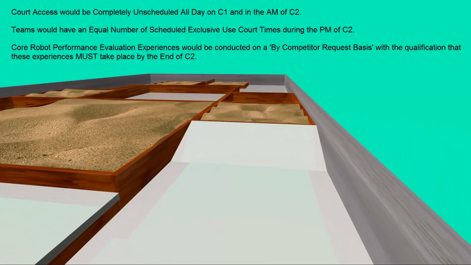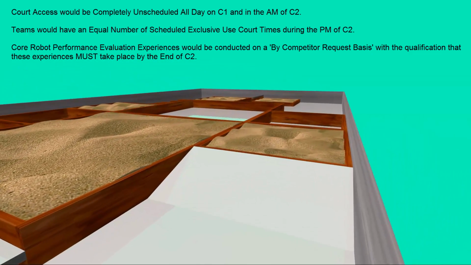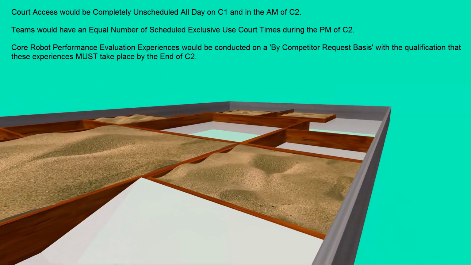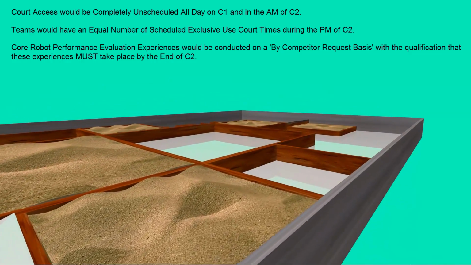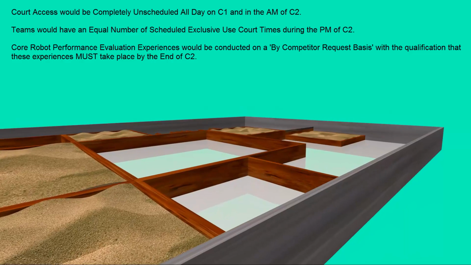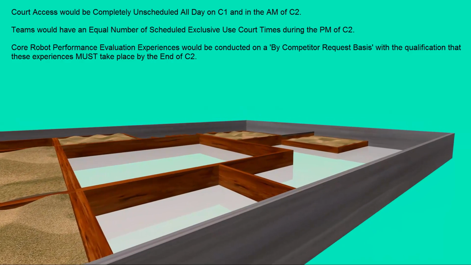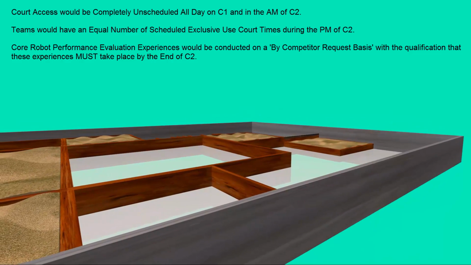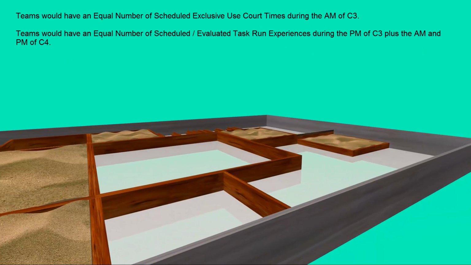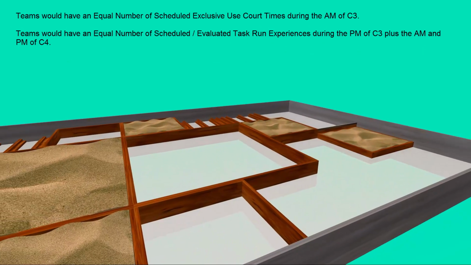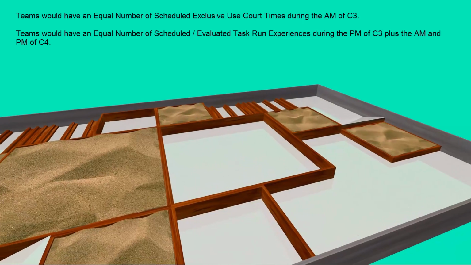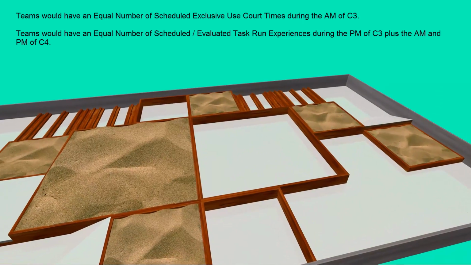Core robot performance evaluation experiences would be conducted on a by competitor request basis, with the qualification that these experiences must take place by the end of C2. Teams would have an equal number of scheduled exclusive use court times during the AM of C3.